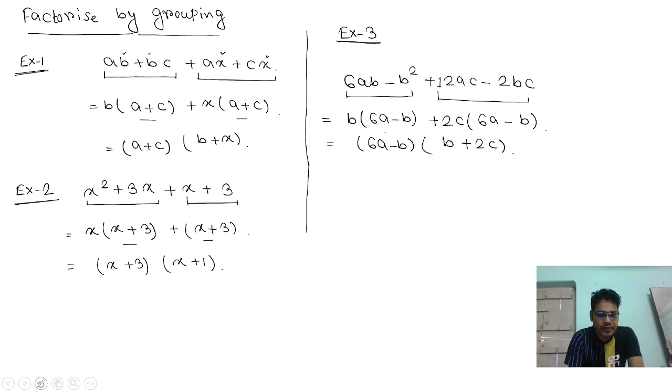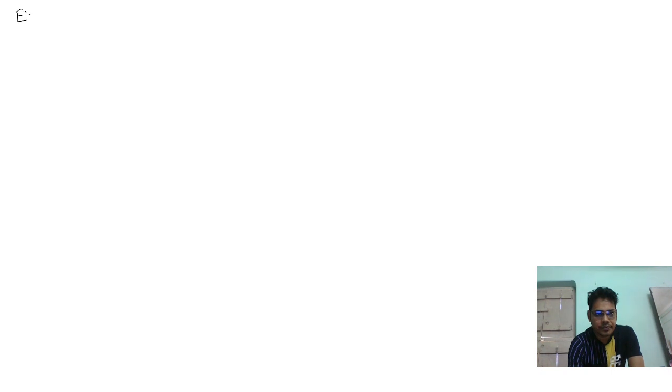Now coming to another example, that is example number 4. In example number 4 it is given that a squared plus b minus ab minus a. So how can we solve this? It is also very easy. So first make the group. If you look, there is no common factor, so you have to make a group of these two and these two. Let's see what happens.